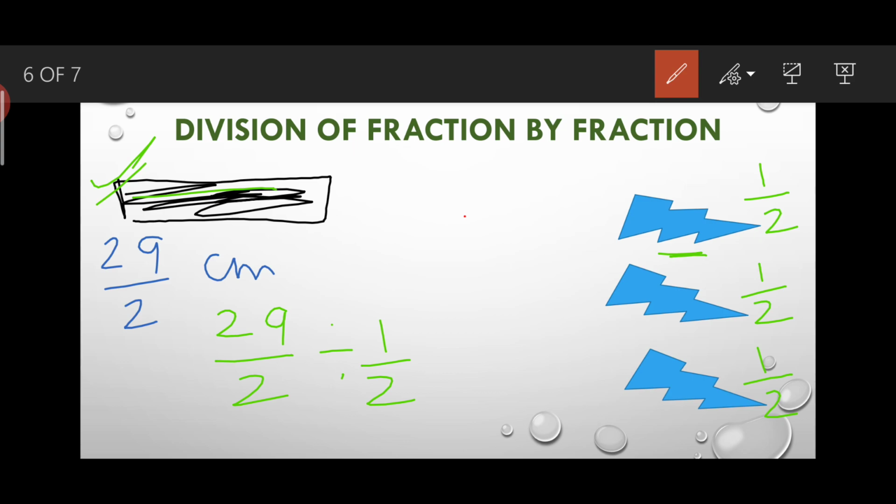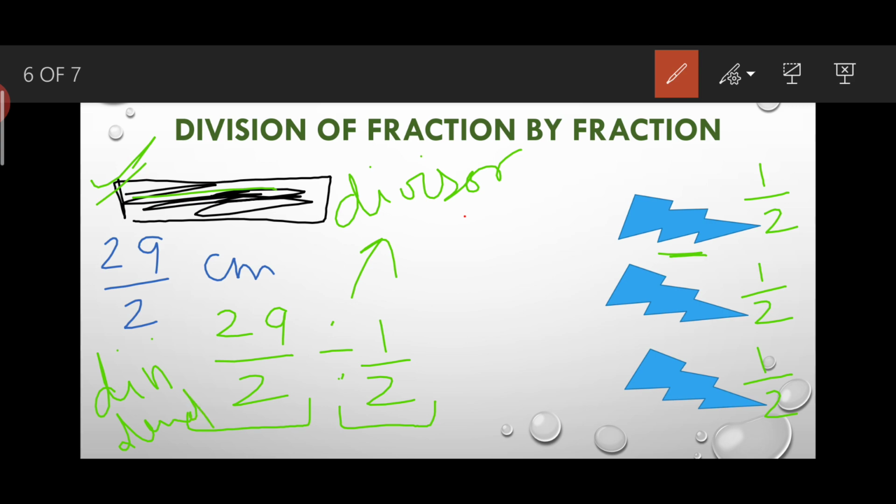So this is again the division of a fraction by a fraction. So how will you solve it? As I have told you, the number by which we divide is called the divisor, and the number which is divided is called the dividend.